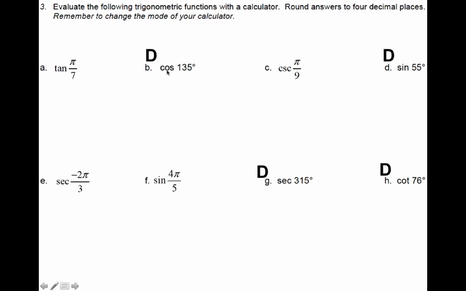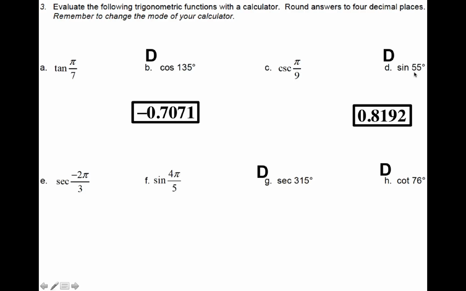For the first one here in part B, we're going to just type in cosine 135 degrees, make sure you're in degree mode, and you should get negative 0.7071. Skipping to D, we're typing in sine 55 in degree mode. You should get 0.8192.